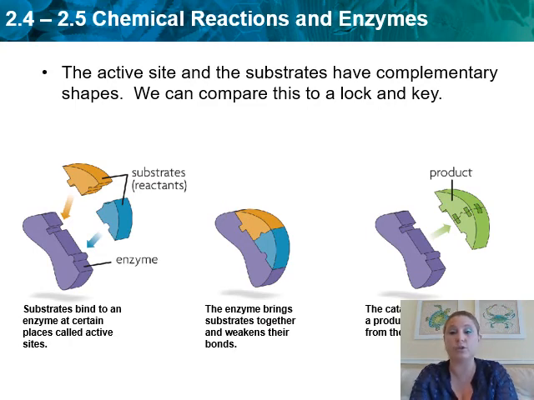Certain enzymes do certain jobs. We learned about that in macromolecules, that structure determines the function, okay? How it's built determines the function, the job it does. So we have our substrates, they lock onto that enzyme, and it allows them to react to create a new product.